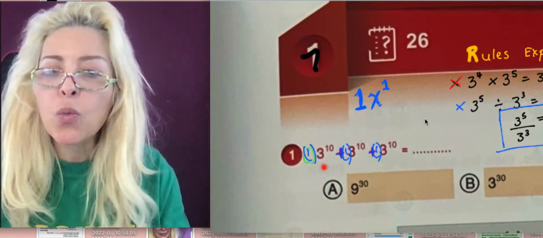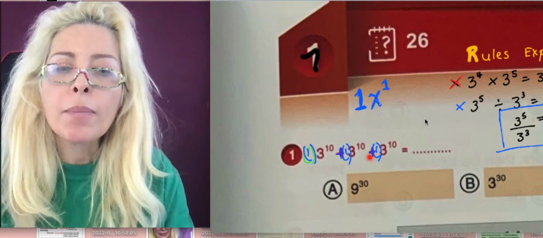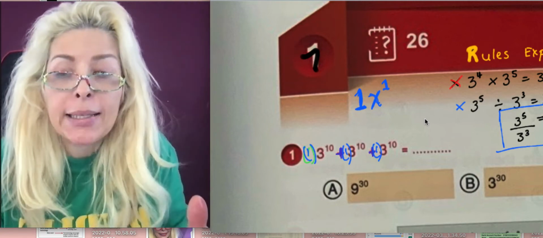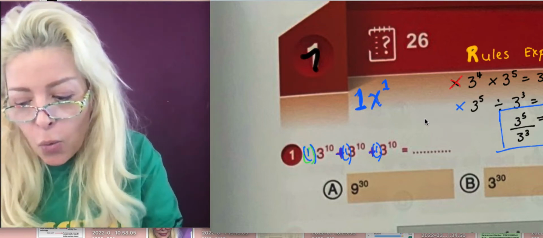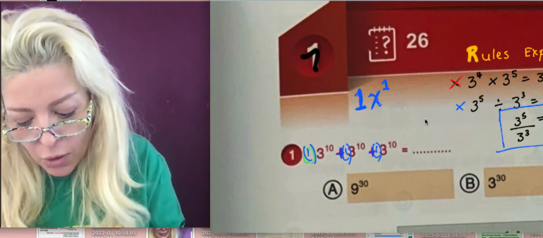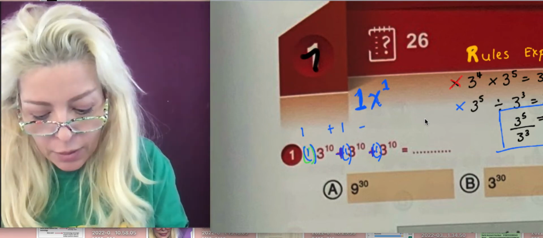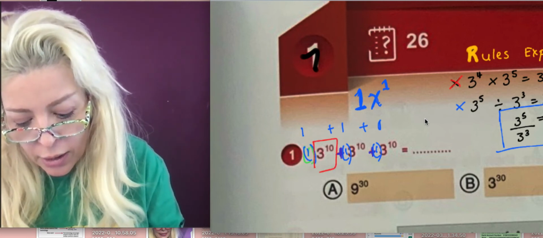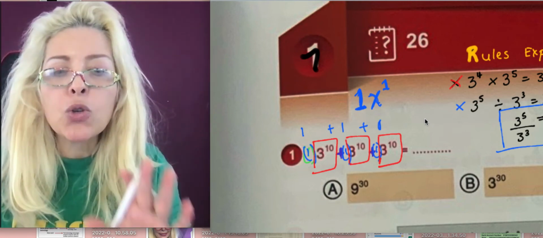So how much is 1 plus 1? 1 plus 1 is 2. Plus 1 is 3. 3 what? Okay, we have 1 here, plus 1, plus 1. But what do we have here? These are little 3 to the power of 10s that we do not touch.